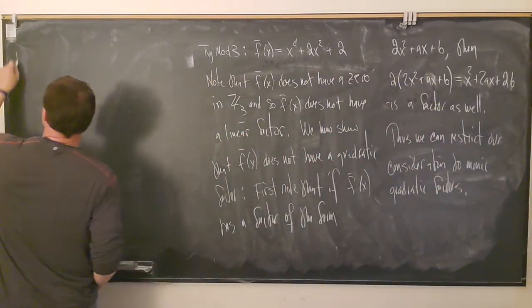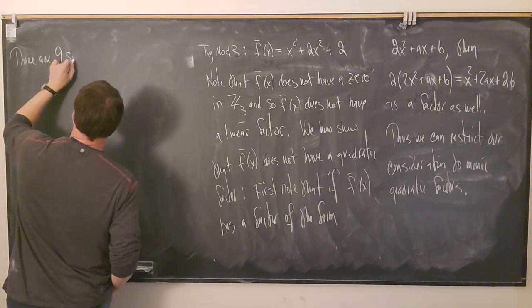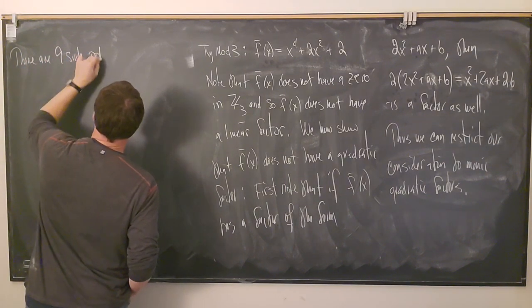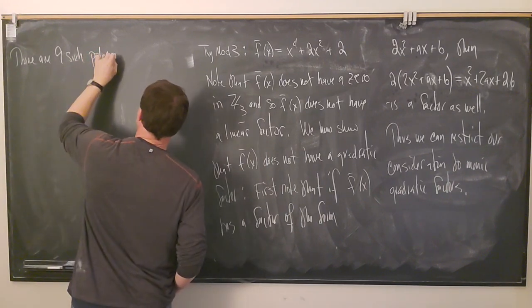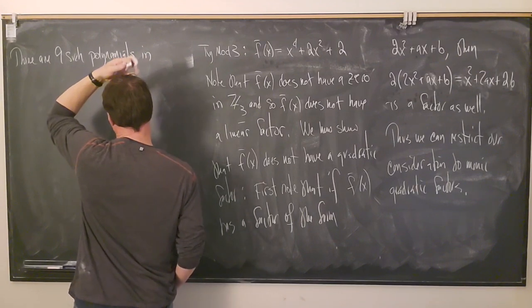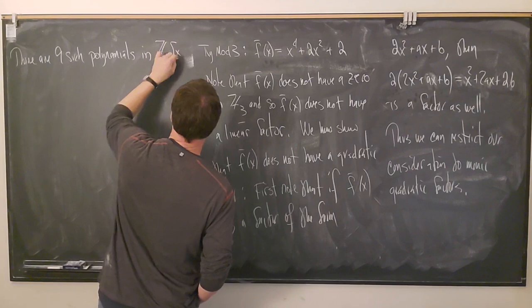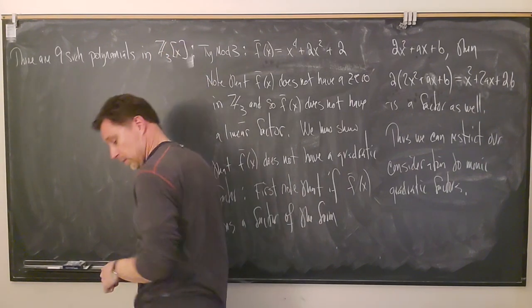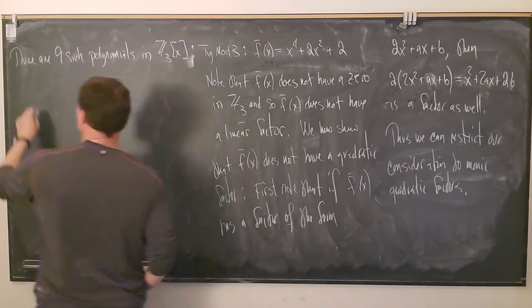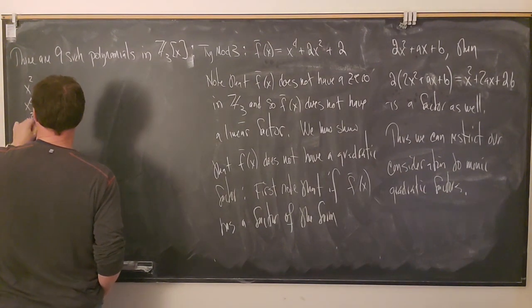So there are 9 such polynomials in Z3 bracket x, and let's just write them out. Okay, so there's x squared, there's x squared plus 1, x squared plus 2.